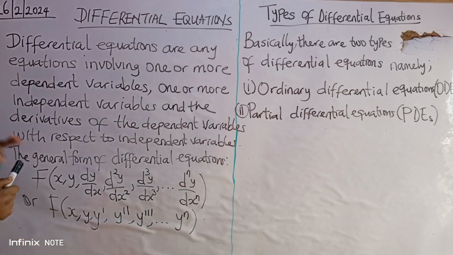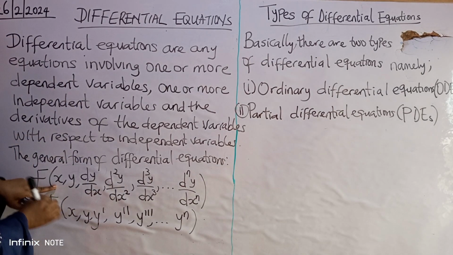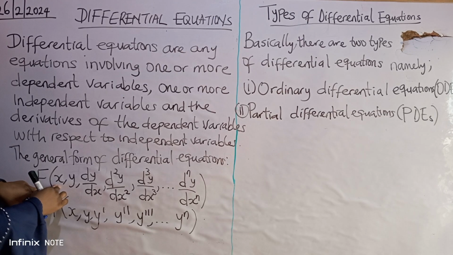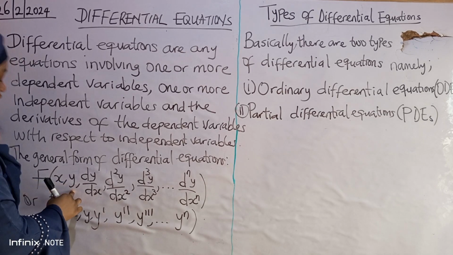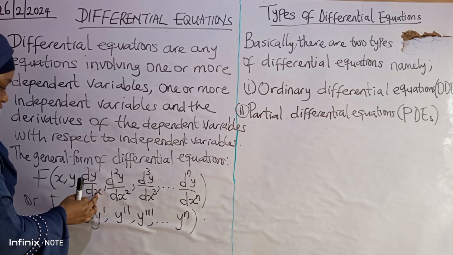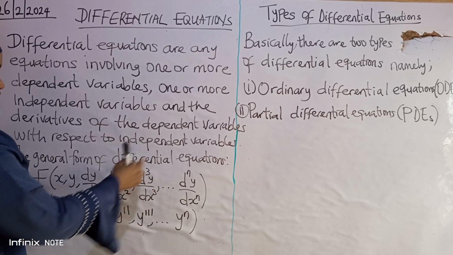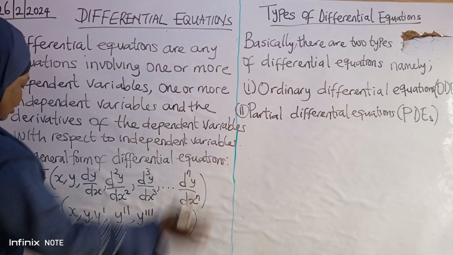So here is the general form of differential equations. F of x, where x is the independent variable, y is the dependent variable, and here is the derivative of y with respect to x. Then you differentiate it twice, thrice, and so on and so forth.